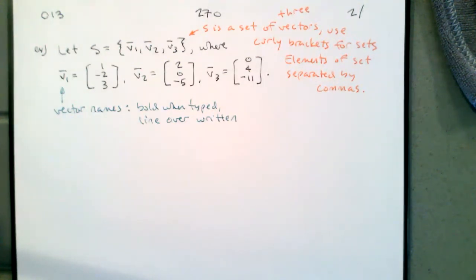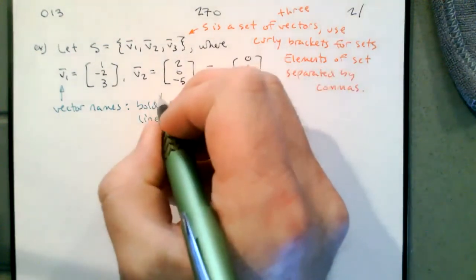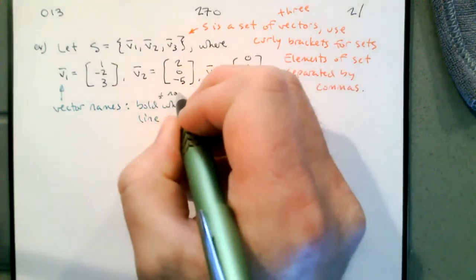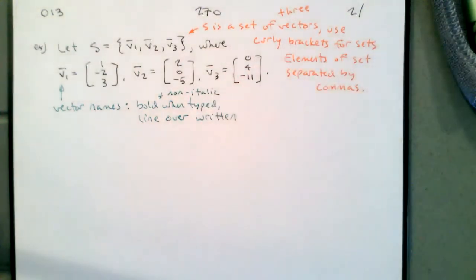In terms of vector names, when we're typing out vectors, usually we go with bold. Actually, we go with bold and non-italic. Unless I'm typing them in Canvas, because it's a real pain to type bold in Canvas if I'm having to do it in LaTeX.